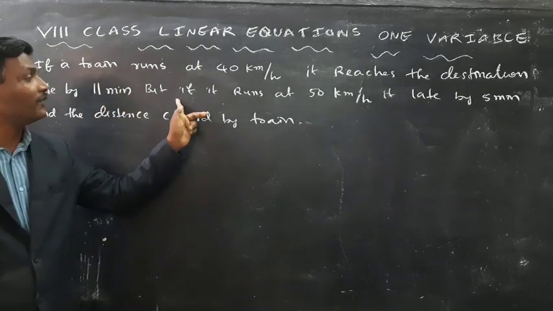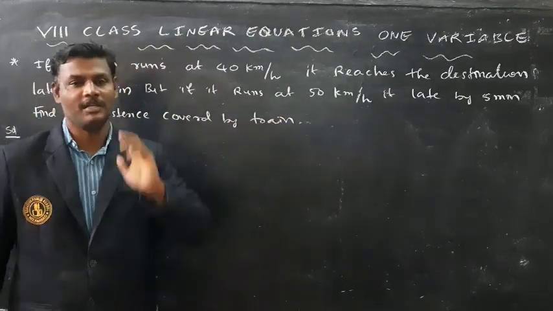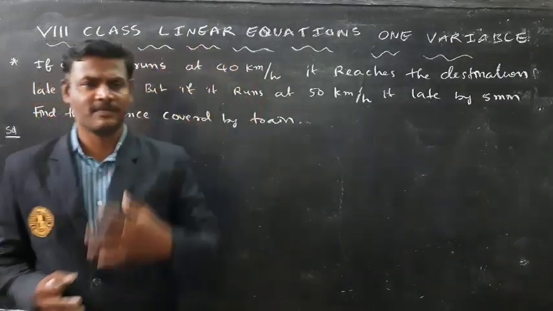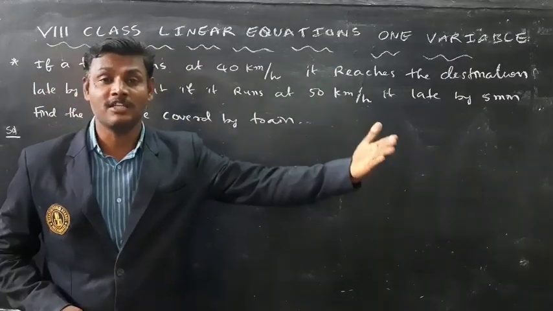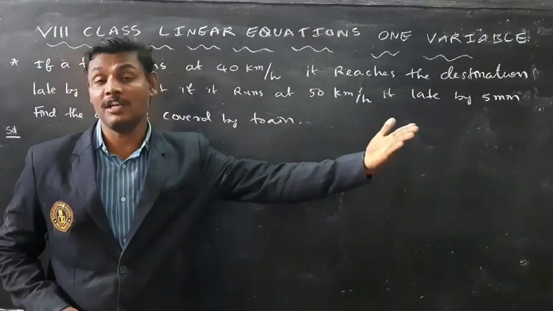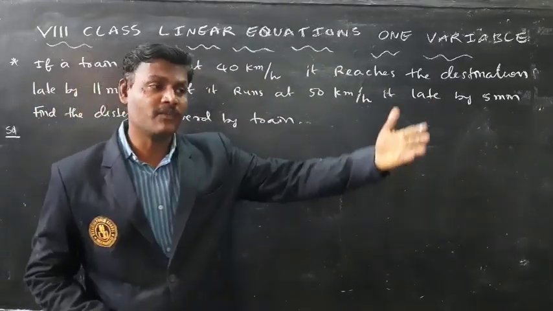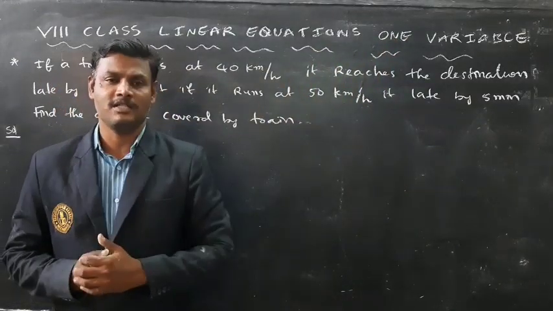But if it runs at 50 kilometers per hour, it is late by 5 minutes. For example, here one train is covering some distance. If it runs at 40 kilometers per hour, it reaches the destination 11 minutes late. Second time, it moves with 50 kilometers per hour speed and is late by 5 minutes.